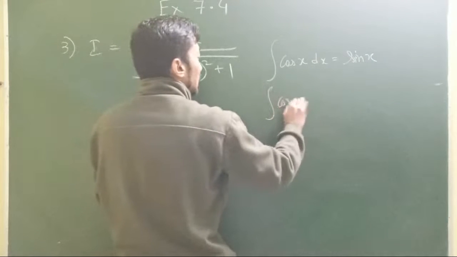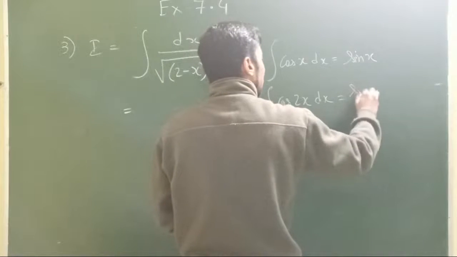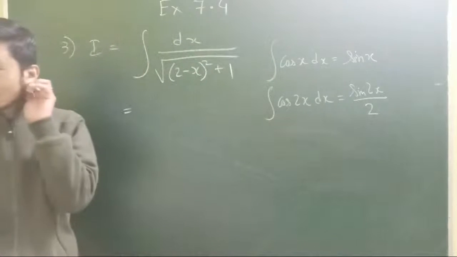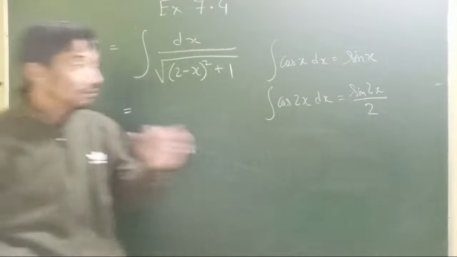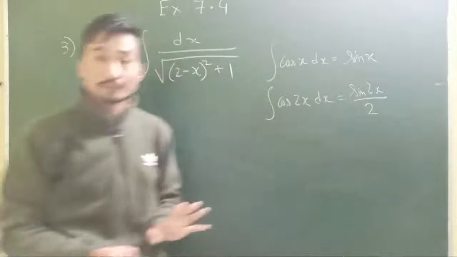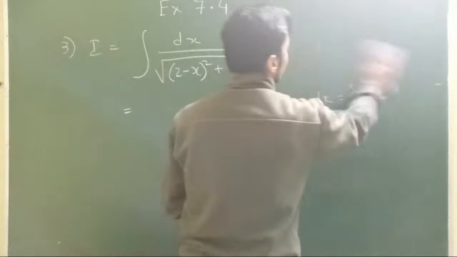So I told you that if it is cos of 2x, all you can do is simply sine of 2x, divide that by the coefficient of the variable, here 2. So we'll just divide it by 2. That's what I told.